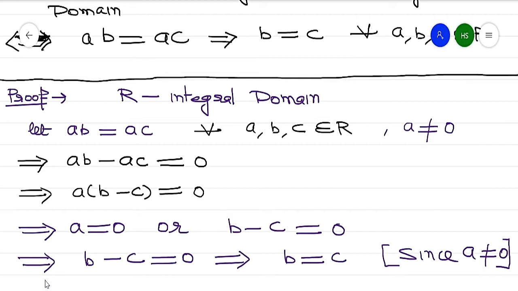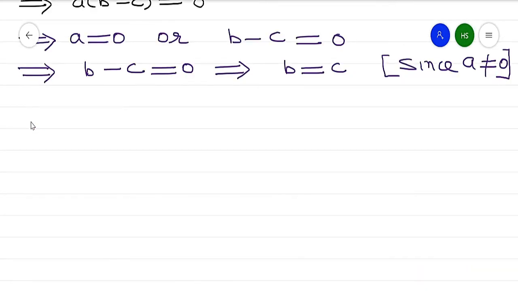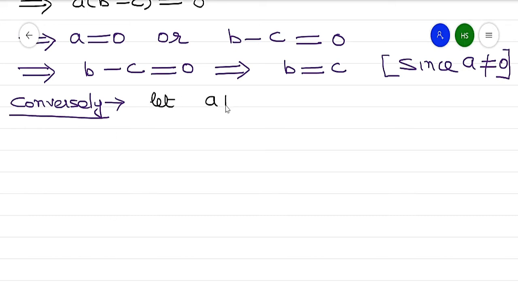Now, the converse part, to prove it is without proper zero divisor, let A be equal to 0.